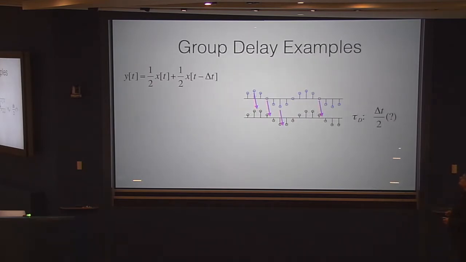Just looking at this filter we've seen before, this is the 2-point moving average. You can see what happens to this relatively slow-moving sinusoid: the peak and the trough of the input, in some sense, disappear, but in some sense get lost in the space between the time points.